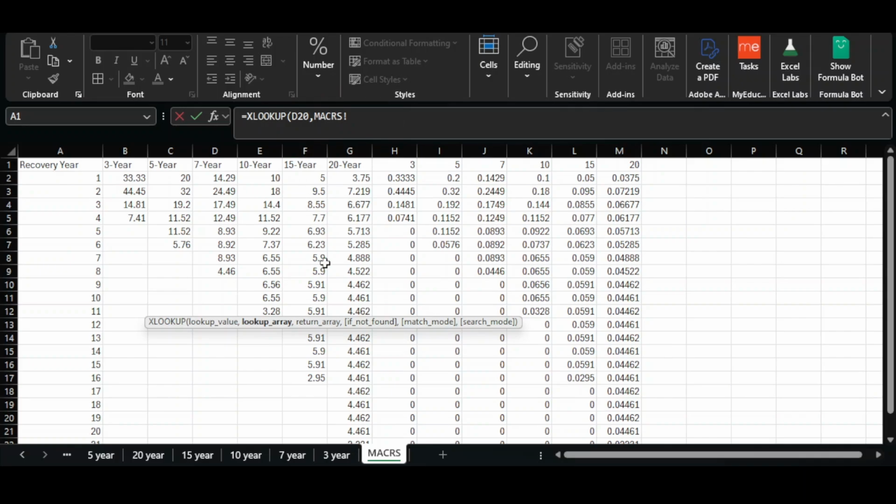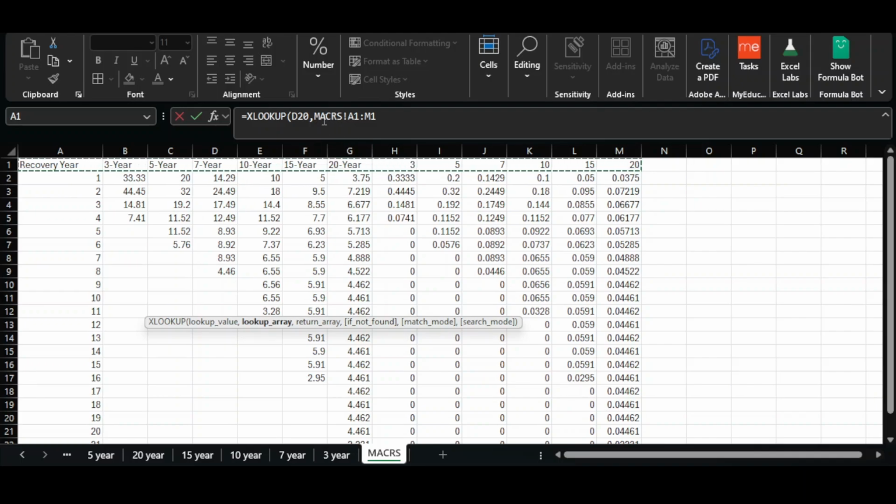But you still need to complete the entry of the lookup array. You look it up from here to here, because that's where the lookup value, number 3, is found.